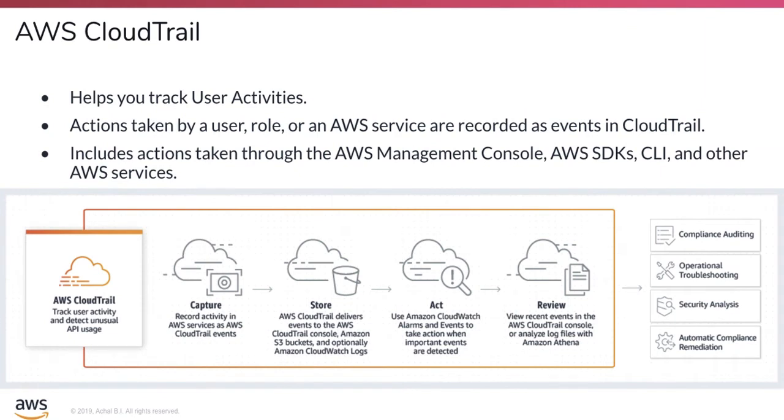To understand what CloudTrail is, it tracks user activity and detects any unusual API calls or usage patterns that are happening. You can capture these activities and deliver the events to the console or an S3 bucket itself. You can also push them to CloudWatch Logs, from which you can create metrics, publish them, watch them, and create alarms for those metrics.